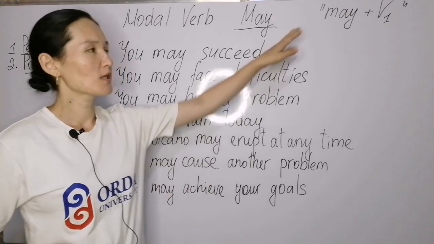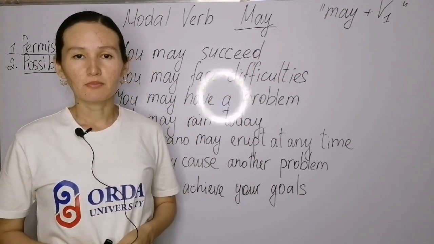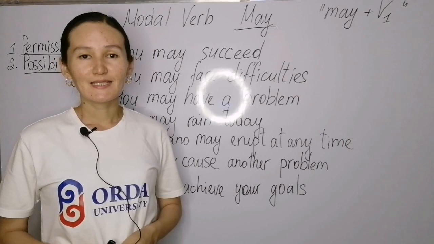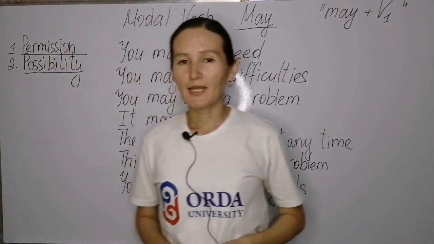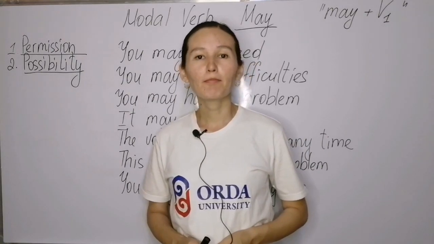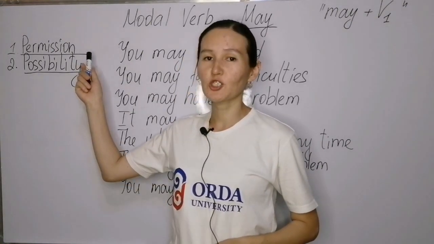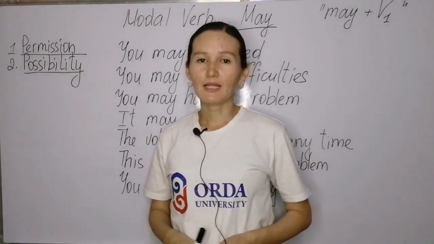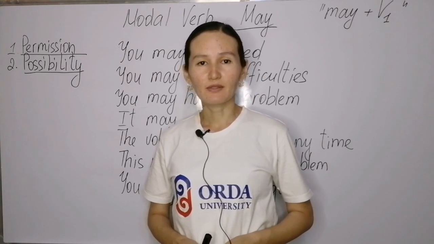So the form is may plus verb in the base form, or may plus bare infinitive. So let's wrap it up. Modal verb may is used to talk about permission and possibility. After may, we use the bare infinitive.